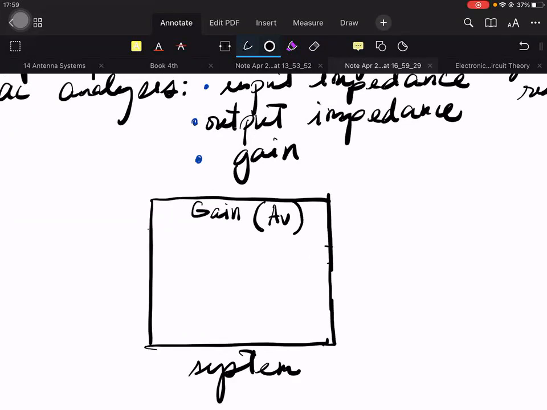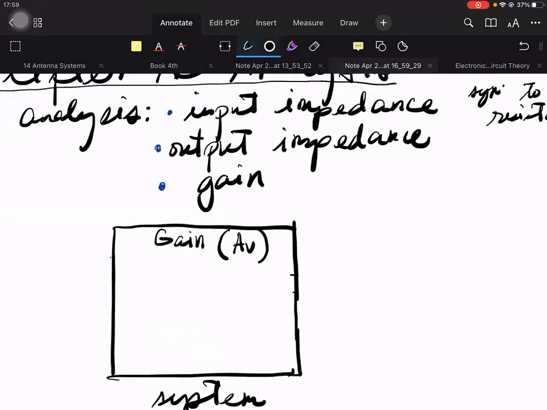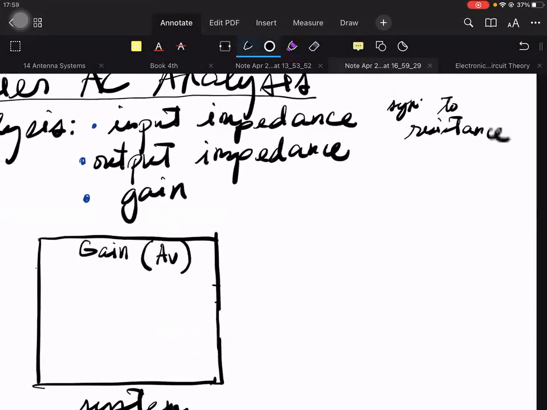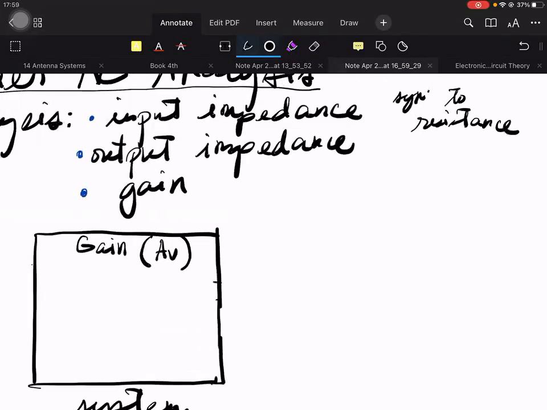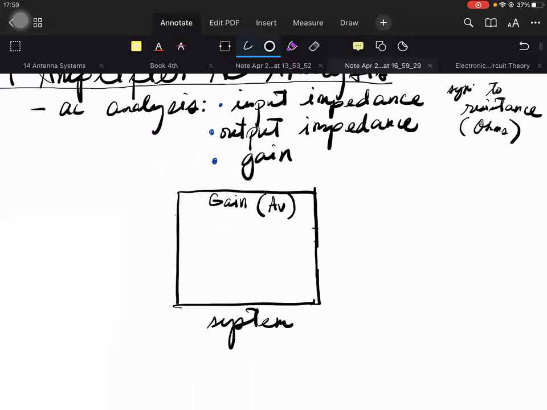For the input impedance, again, I mentioned earlier that impedance is synonymous with resistance, meaning its unit is ohms. It's measured in ohms.